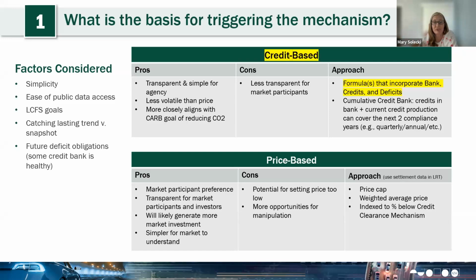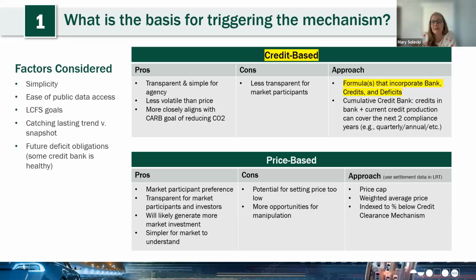When looking at the factors, simplicity is going to be an overarching theme of our recommendations today, because we think a simple acceleration mechanism, both in its design and function, will be the most successful. We want it to be easy to understand, transparent, and easy for investors and market participants to understand. We're hopeful that simplicity would equal understanding, and that in turn would equal marketplace confidence.